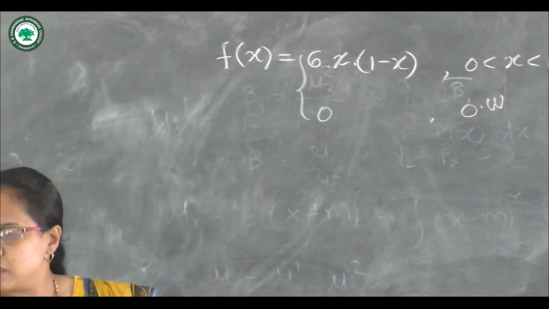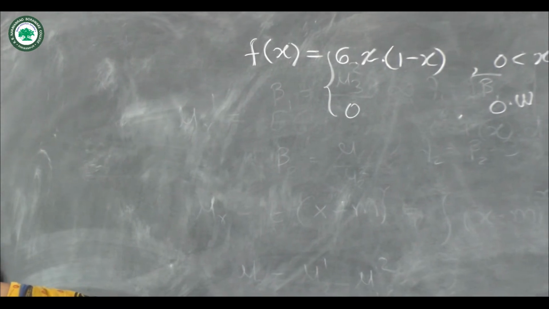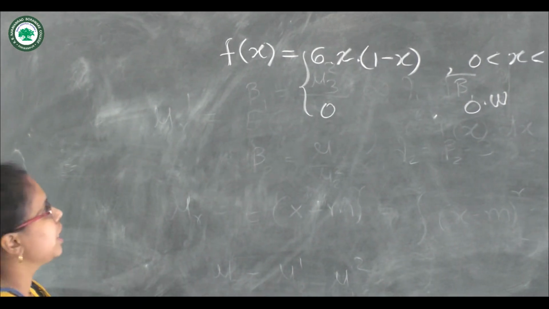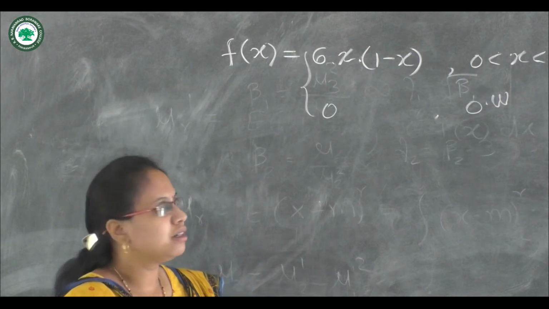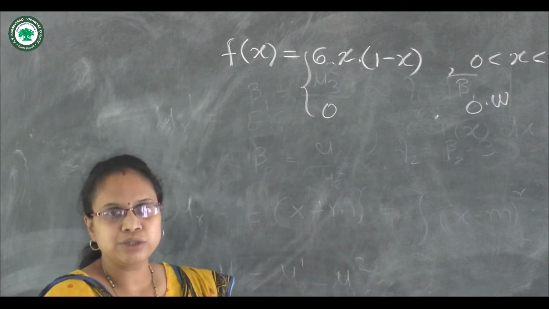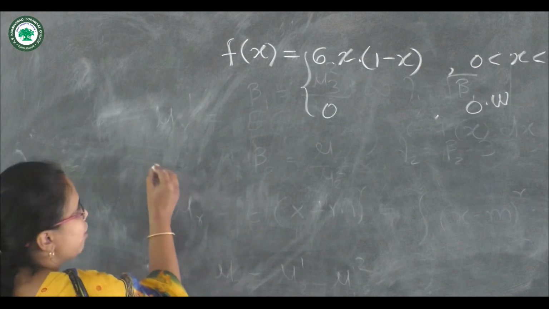So this is the given PDF. Let's find the raw moments, central moments and the Pearsonian coefficients by using the formulas.